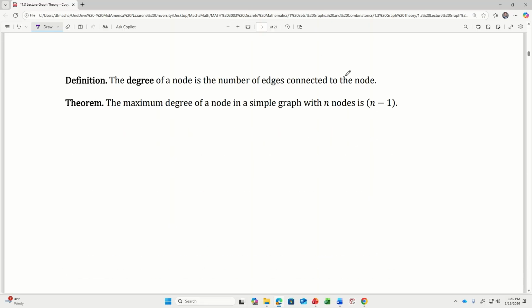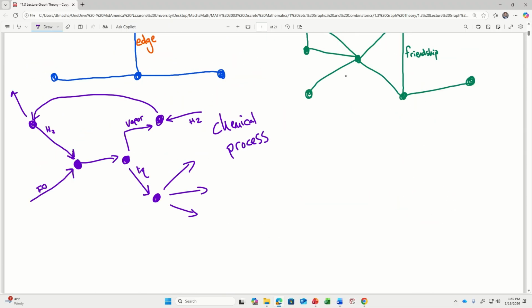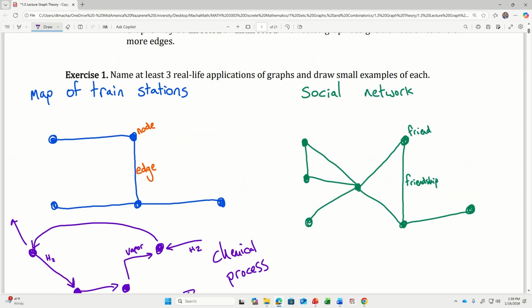The degree of a node is the number of edges connected to the node. So AJ, what's the degree of this node?